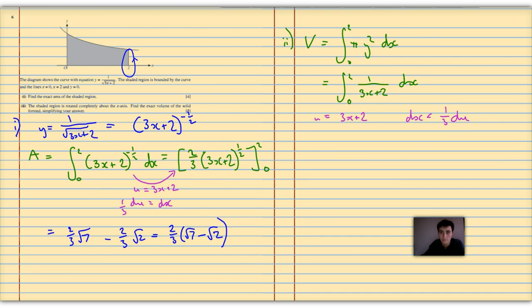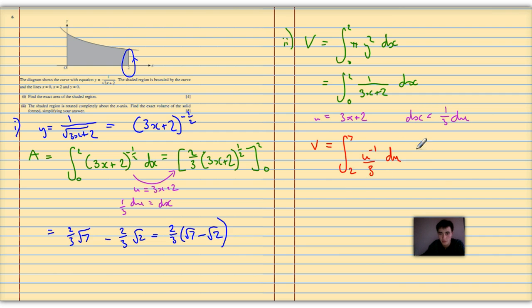And we also have to change our limits. So when x is 0, u is going to be 2, and when x is 2, u is going to be 7. So V is now going to be the integral between 7 and 2 of u to the minus 1, a third of it times du.